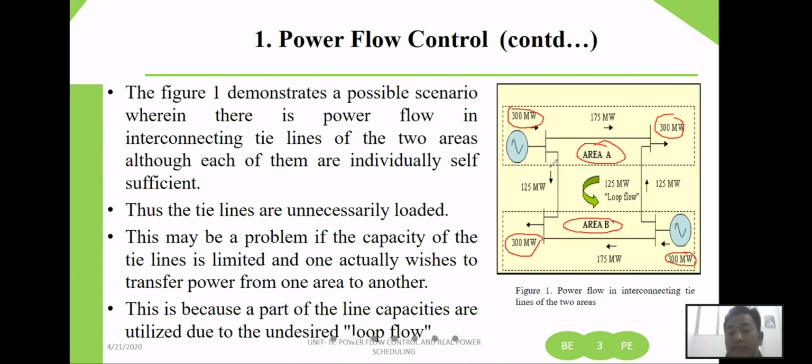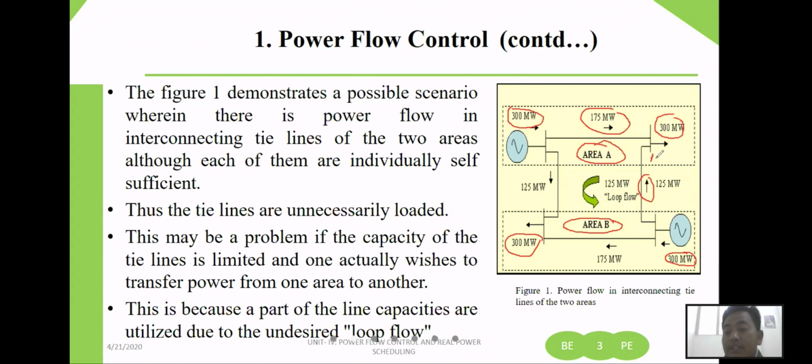But here, just to make it clear how to control the power flow, what I have done is in area 1, 175 megawatt from the area 1 generation has been fed to the load, and then I'm bringing 125 megawatt from the area 2 generation, and this is how we are fulfilling the demand.